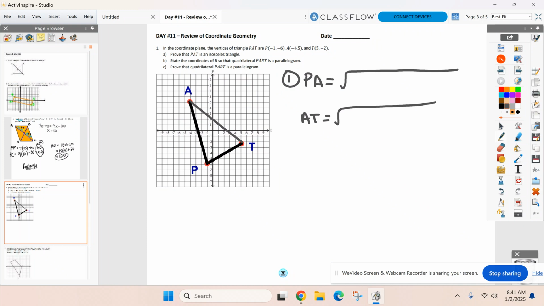All right, so use your distance formula. X's, hopefully you guys agreed and it's all correct. Subtract your X's in any order. Let's see, PA, -4 minus -1, -6 minus 5.